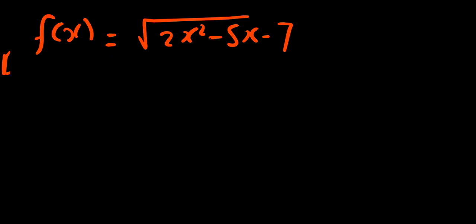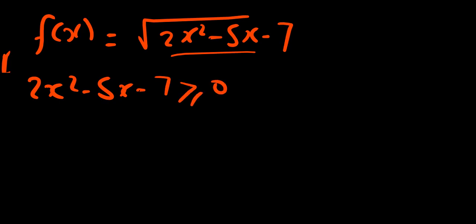You don't want a negative in this expression, because you don't want a complex number. So what are we going to do? You're going to say 2x squared minus 5x minus 7 is greater than or equal to 0. Now this is a quadratic expression, so we're going to solve it.